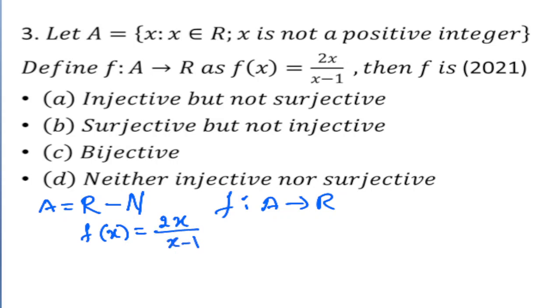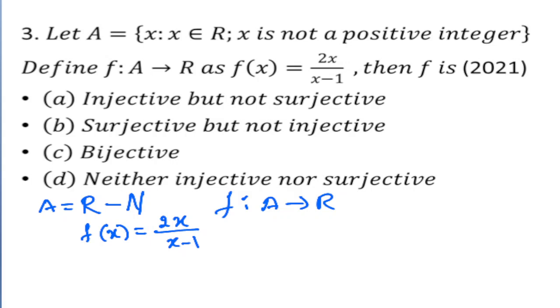Then we have to verify f for injectivity and surjectivity. Injectivity and surjectivity mean one-one function and onto function. For one-one function, the method of verification is taking f of x equal to f of y for the given function and proving x equal to y. This is the basic method we know how to solve for one-one.